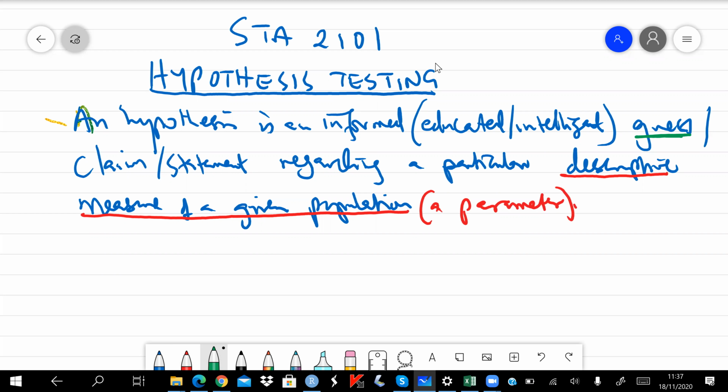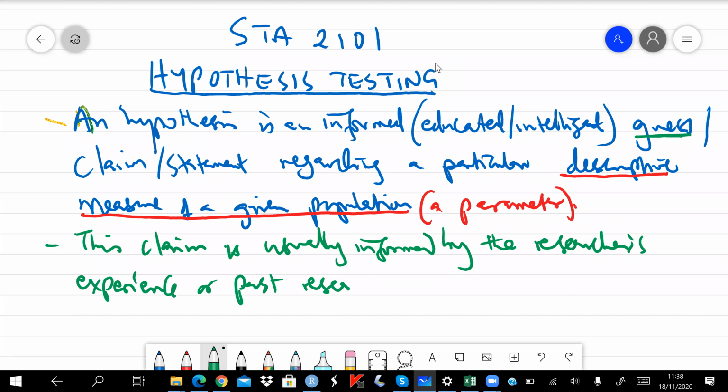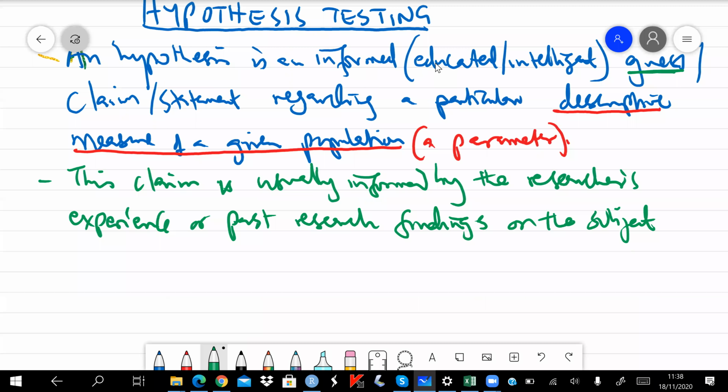Then we say that this claim is usually informed by the researcher's experience, or past research findings on the subject matter under investigation.